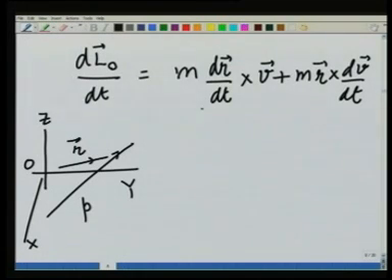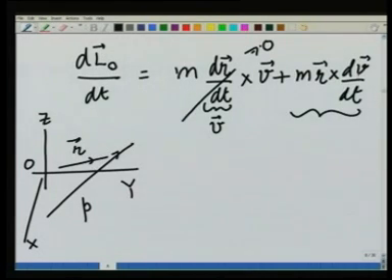But we know that dr/dt is nothing but the velocity itself, and velocity cross velocity is going to give you 0. And therefore, what you are left with is this quantity.